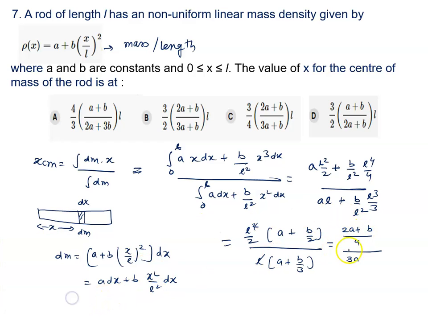Then next here it is 3a plus b divided by 3, and 1 by 2 we have taken, so it is written as 3 by 4, then 2a plus b upon 3a plus b, and L is also remaining, so into L. So if you observe the options, I think it is visible to all of us that option C is the correct answer of this problem.